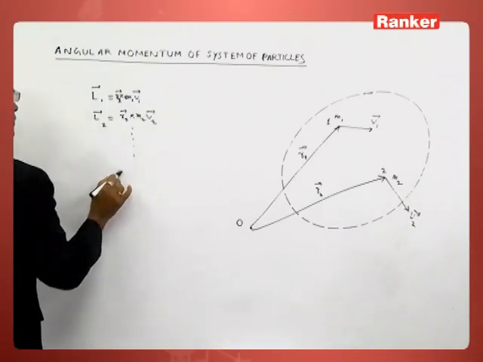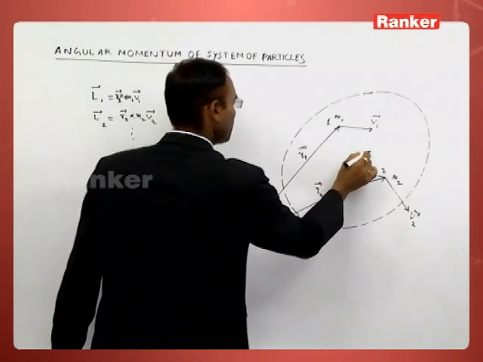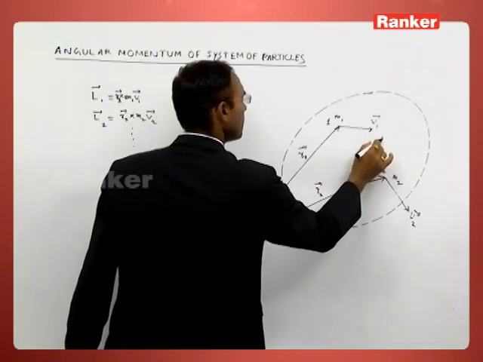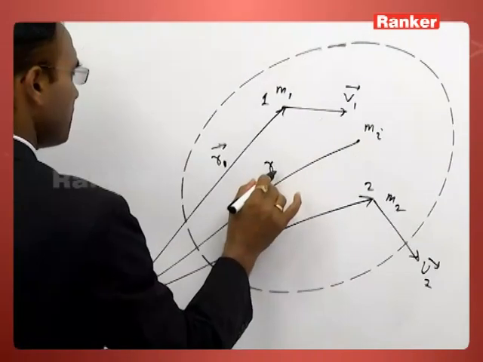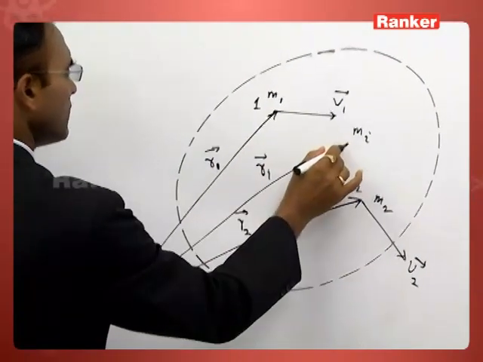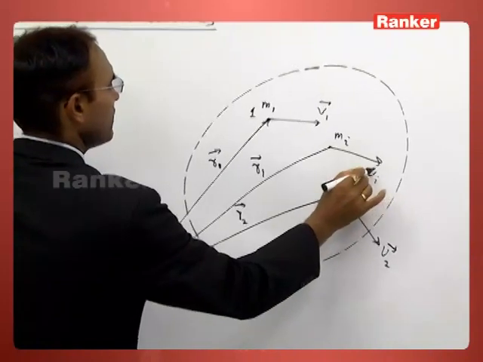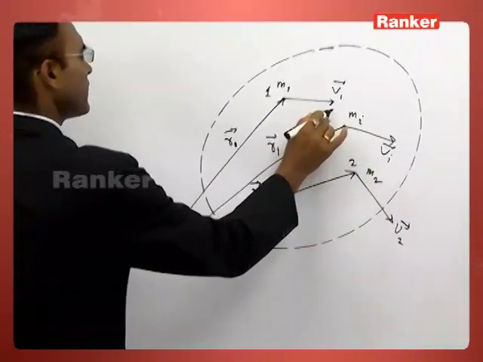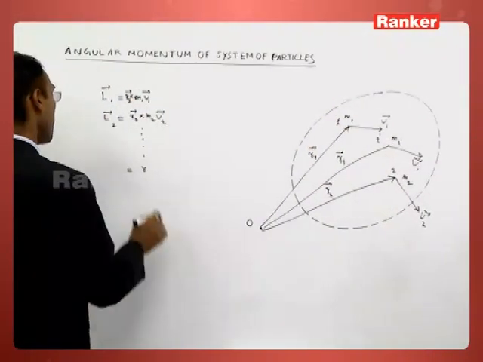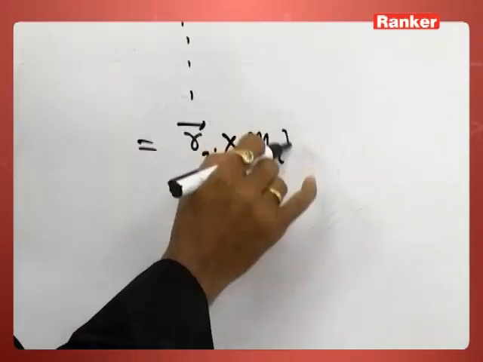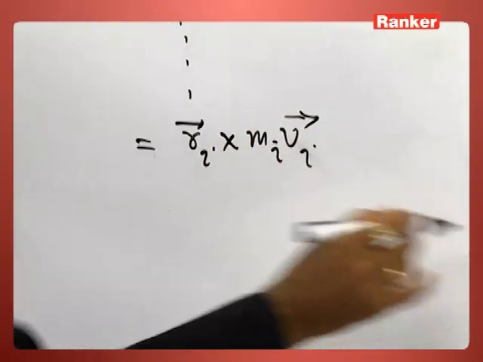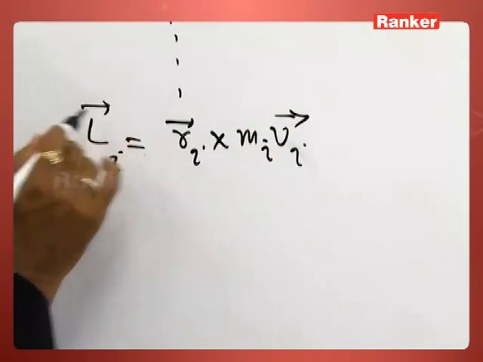In this way, you take ith particle, its mass is mi, and its position vector is ri. Let it move with velocity vi. This is the ith particle. Its angular momentum with respect to the given reference point O is Li.